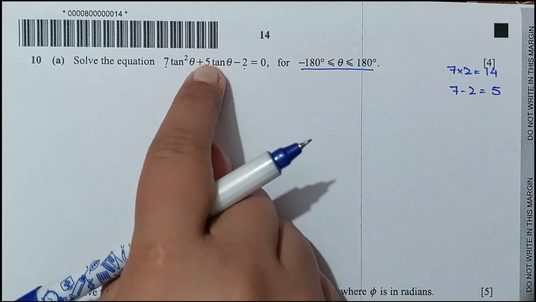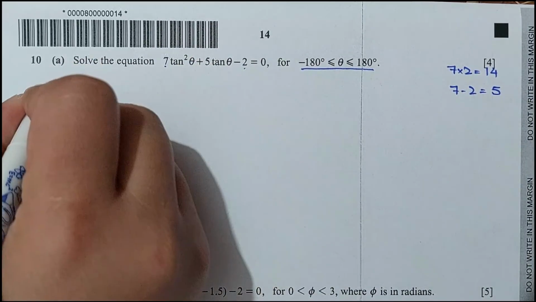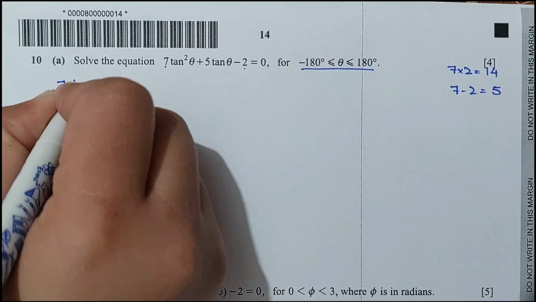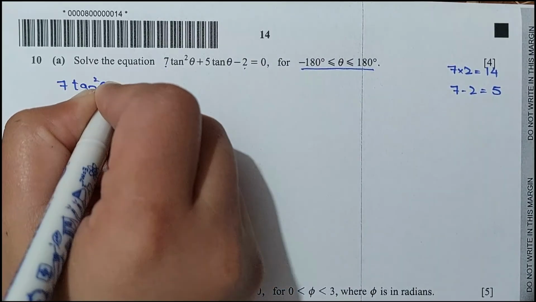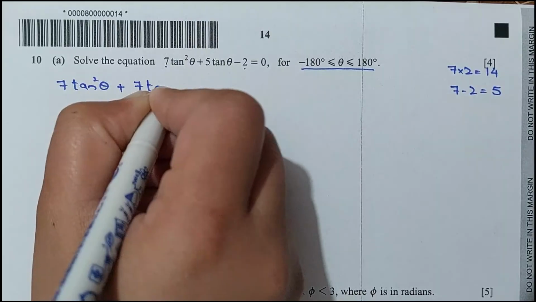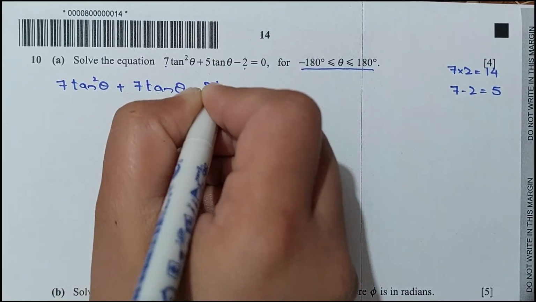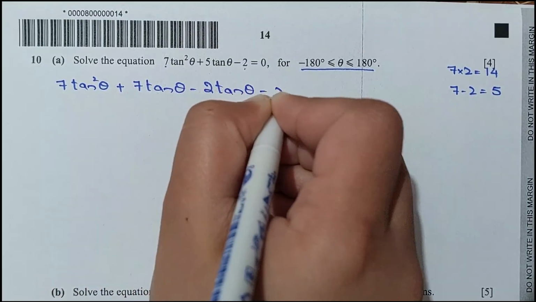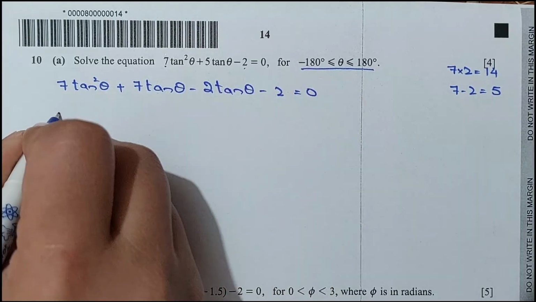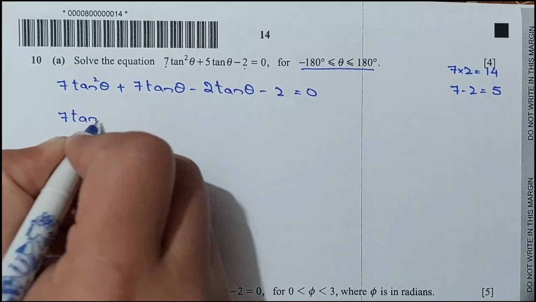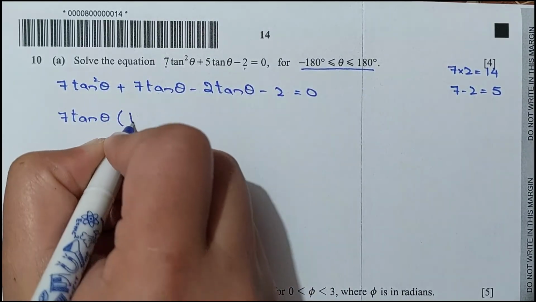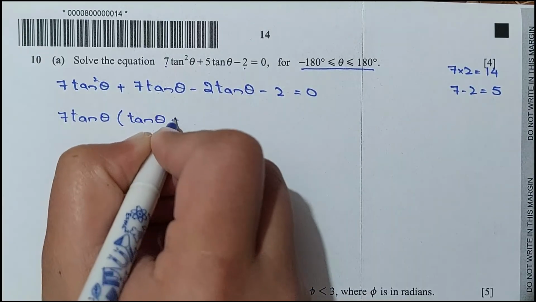We can break the middle term 5 into 7 minus 2. So we have 7 tan square theta plus 7 tan theta minus 2 tan theta minus 2 equals 0. Let's take 7 tan theta common. We are left with tan theta plus 1.